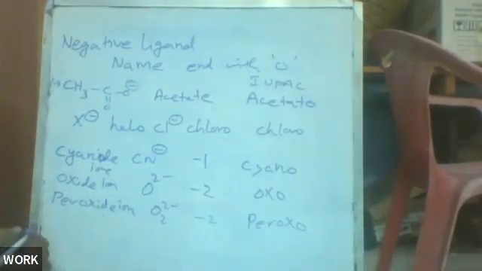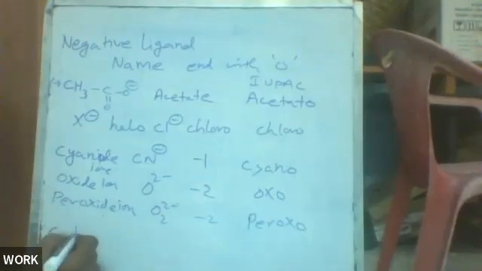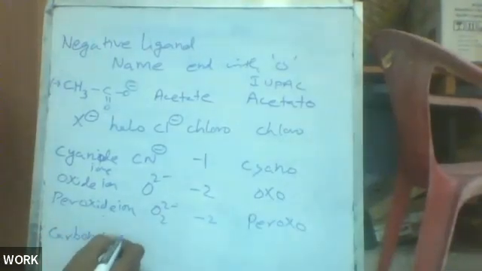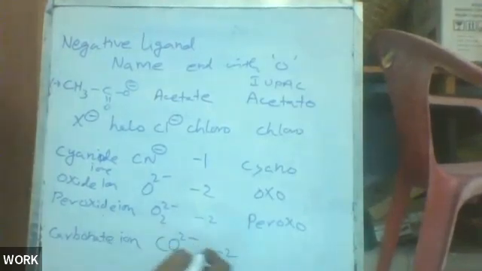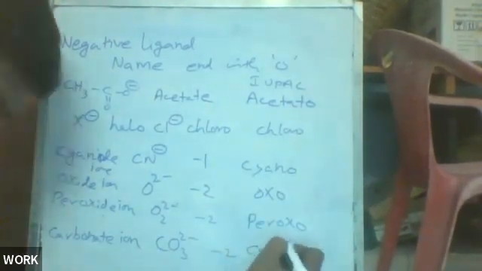And then carbonate ion, CO3 2 minus, so the charge is -2, carbonate.